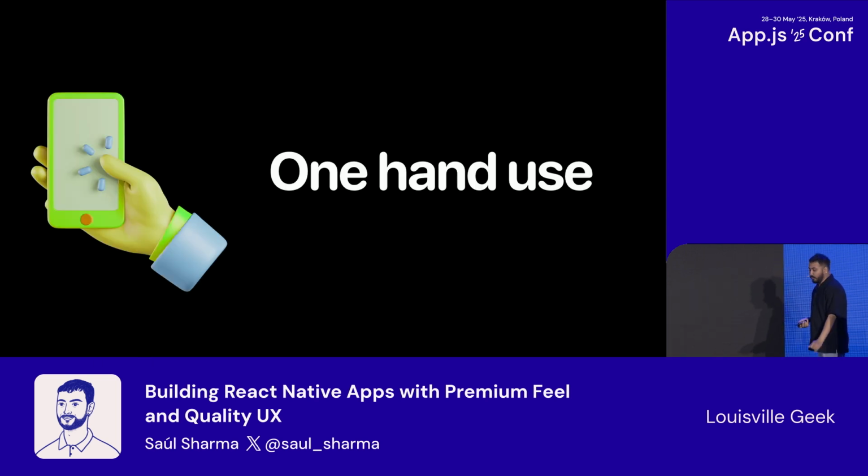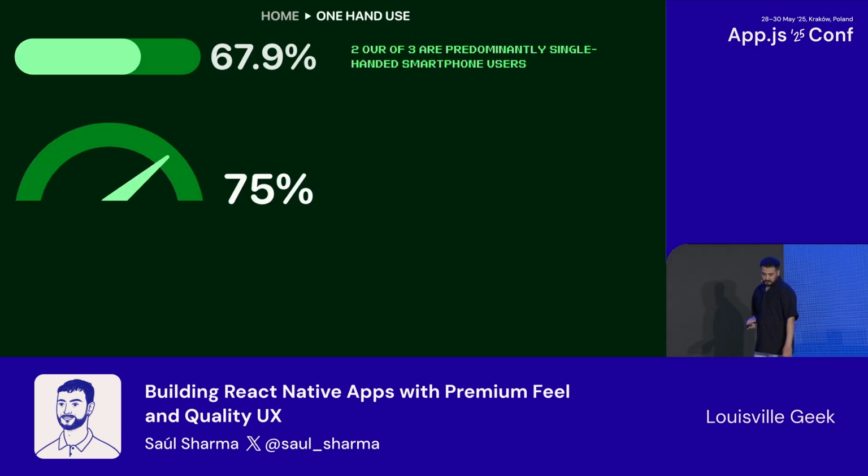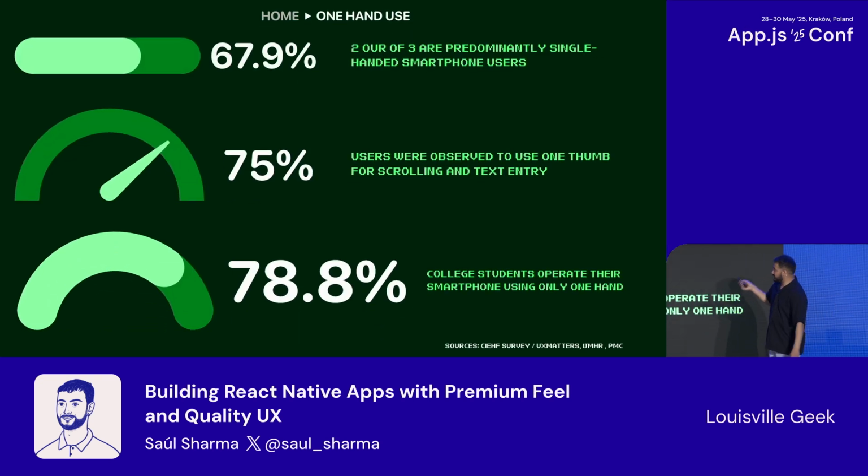And let's talk about one-hand use. As you can see from all the stats, most of us are always on our phone with one hand. And it's very rare for us to be using two hands, maybe when typing, maybe when we are in bed or whatever. But most of the time, we are on a train or driving.